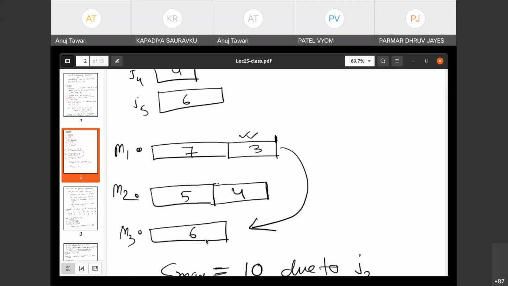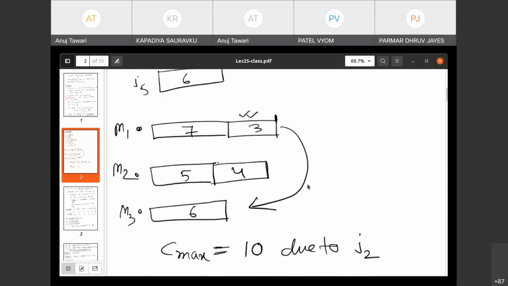So what is the makespan here? Machine 1 runs for 10 hours, machine 2 runs for 9 hours, machine 3 runs for 6 hours. So what is the maximum time for which a particular machine is running? 10 hours. So Cmax will be equal to 10 due to J2.